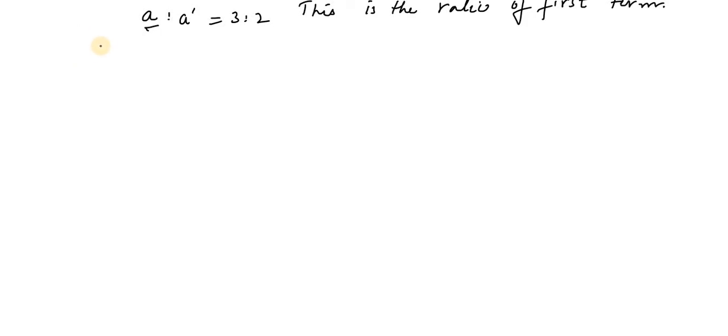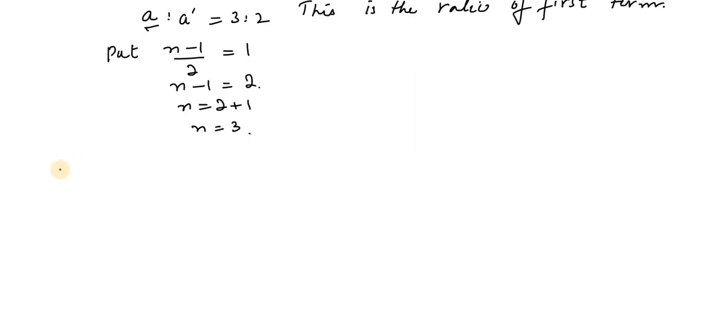So we put n minus 1 upon 2 equal to 1 for the second term. So n minus 1 is equal to 2. So here n is equal to 2 plus 1, n is equal to 3.